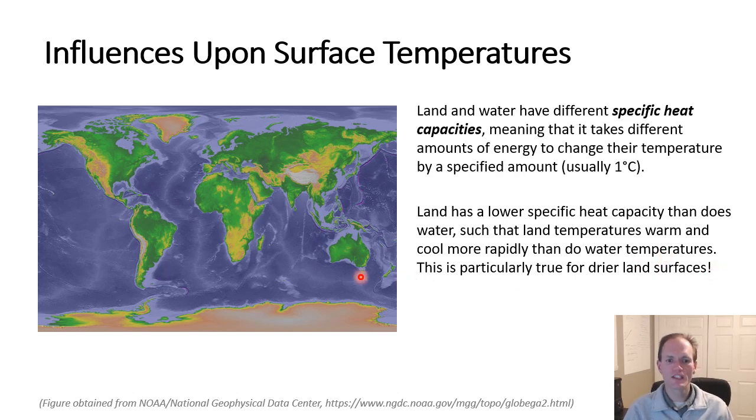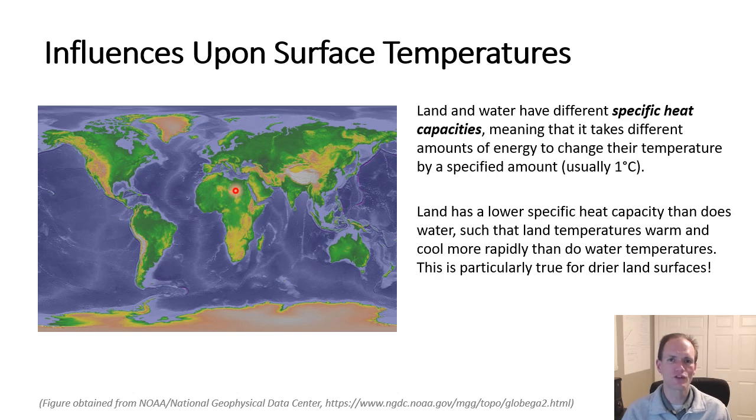Now this factor is particularly true for drier land surfaces, and things that are near the equator are all relatively moist, so this isn't really a factor right there. But as you get toward the deserts of central Australia or the deserts of the Sahara in northern Africa, this becomes a bigger factor. Desert soils, very sandy soils, have very low heat capacities.